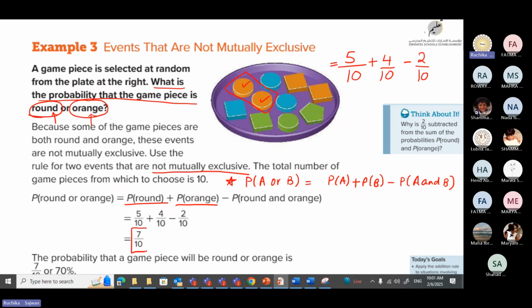So what's your final answer? In fraction, it is 7 over 10. Very good. And if the same question comes for percentage, what should be your answer? 70%. Amazing. Very good.